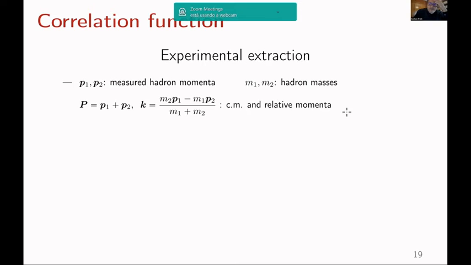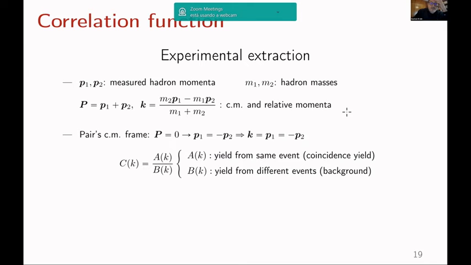The observable is a ratio: you measure the J/psi and a nucleon from the same event, and you divide by the same correlation, the particles detected at some pair of momenta, from different events.